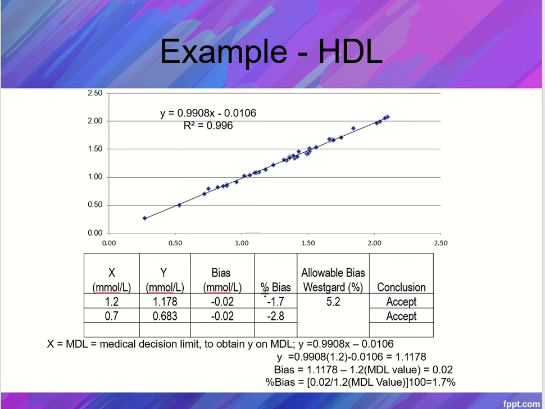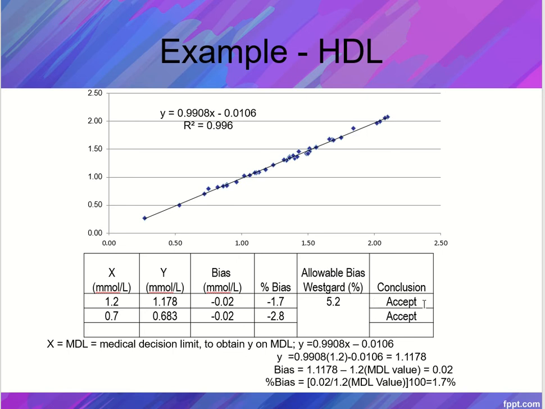So for this example, the bias is 1.7% at the first level, and for the second level is 2.8%, which is lower than the allowable bias from the Westgard biological variation. So the conclusion is that between the test method and the available method, there is no difference and it is acceptable.